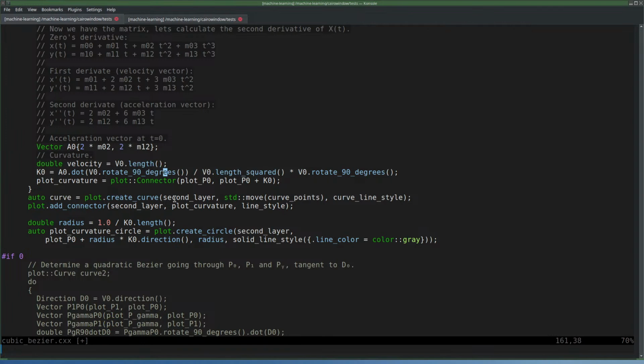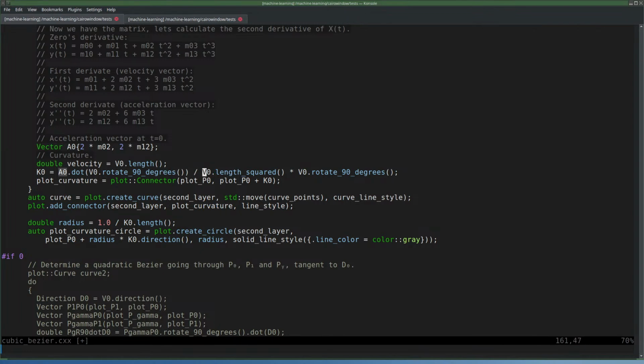So the V0 here is the first derivative and A0 is the second derivative. And I take the dot product where one of them is rotated. It's definitely the numerator.